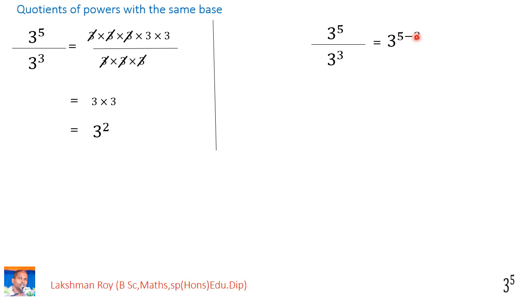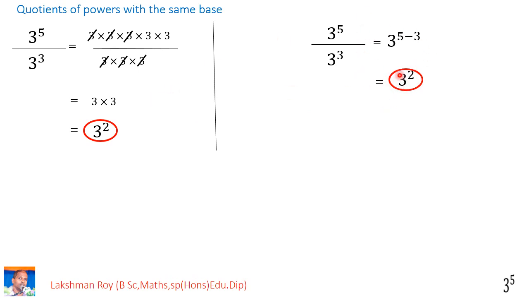I write the answer in the numerator: from the numerator index subtract the denominator index, then I get base 3, and 5 minus 3 is 2. You can see the same question, you get the same answer, 3 to the power 2. So this method is easy.